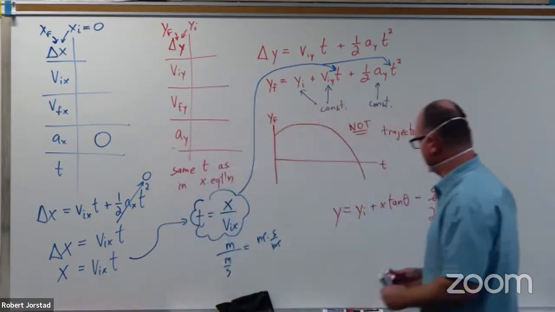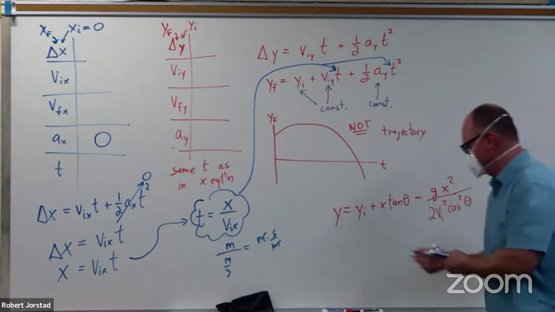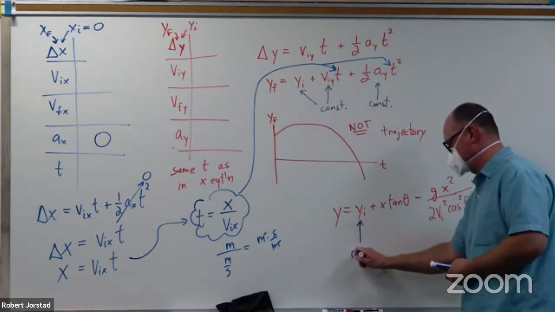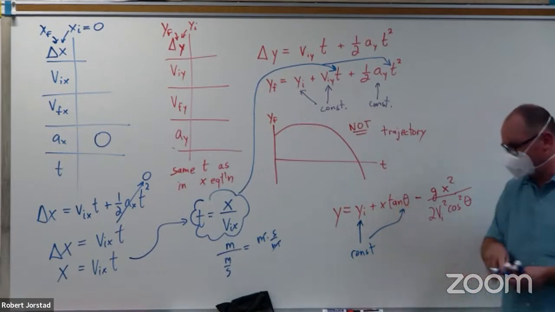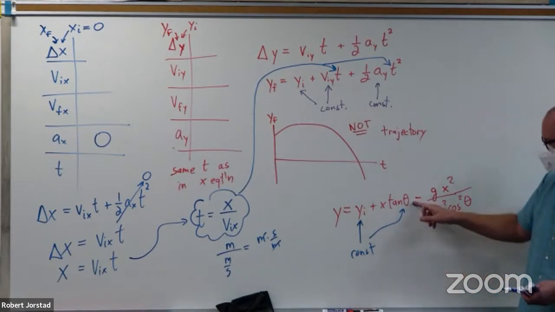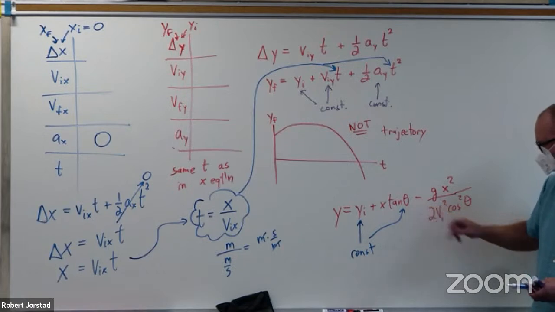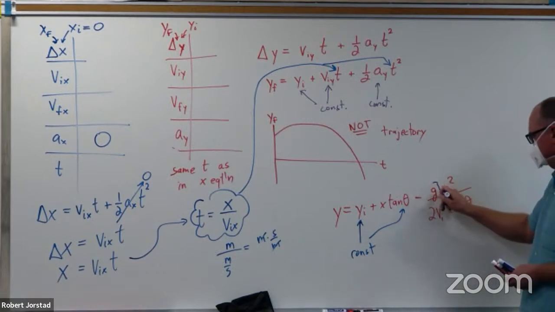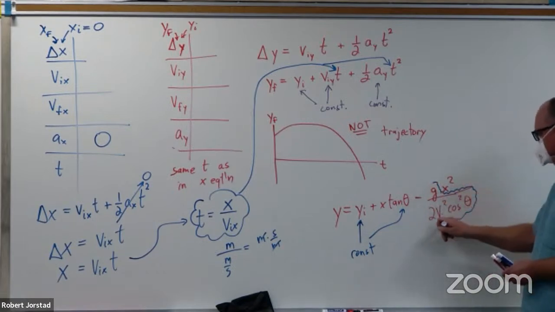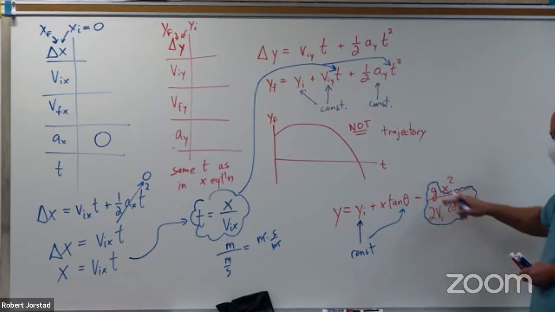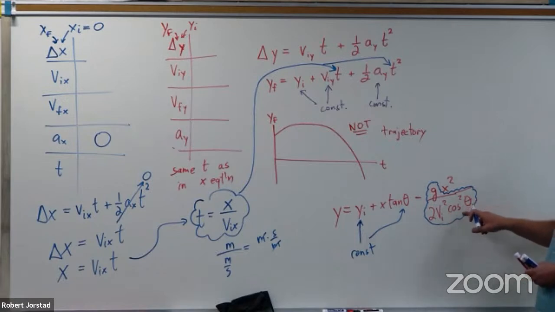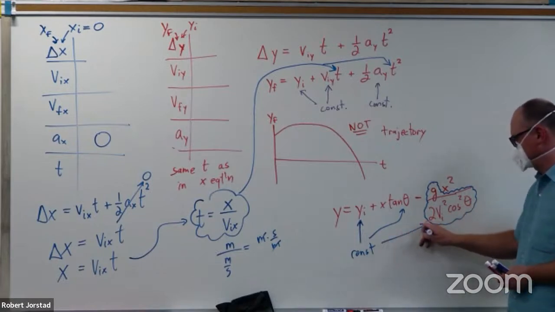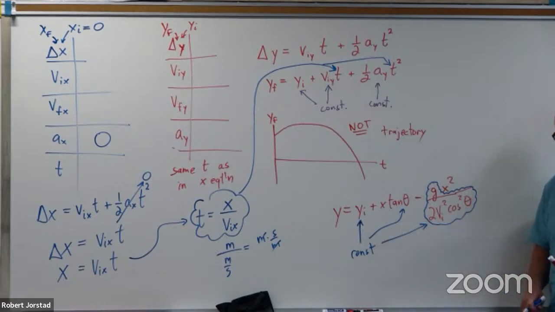Okay, now look at this. I just want to point out this is a constant. So is tangent theta. There's only one launch angle, right? This is the angle of the initial launch. And then look at this. g is a constant. The initial speed is a constant. The initial angle is a constant. Those are all constant.